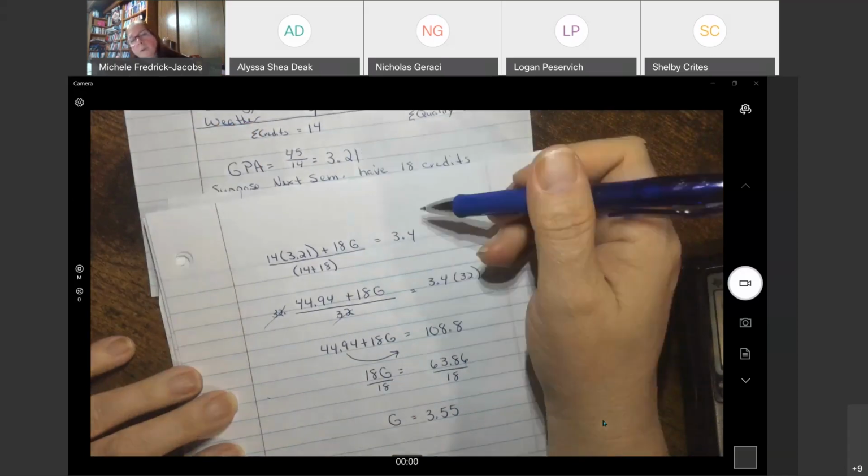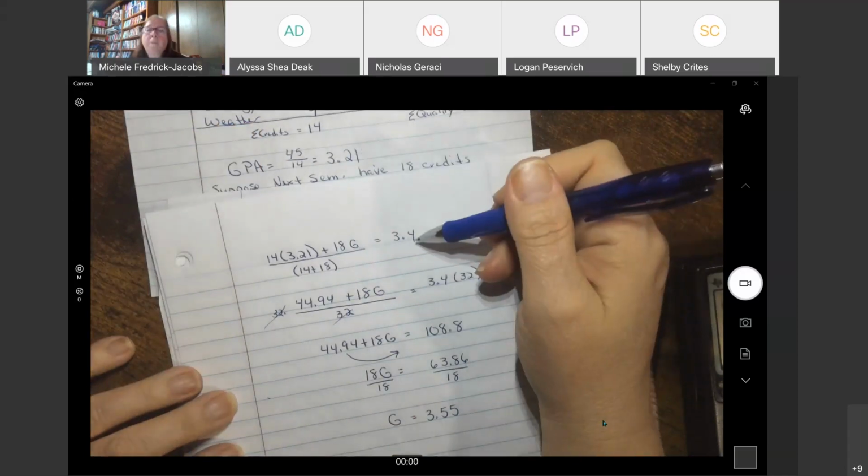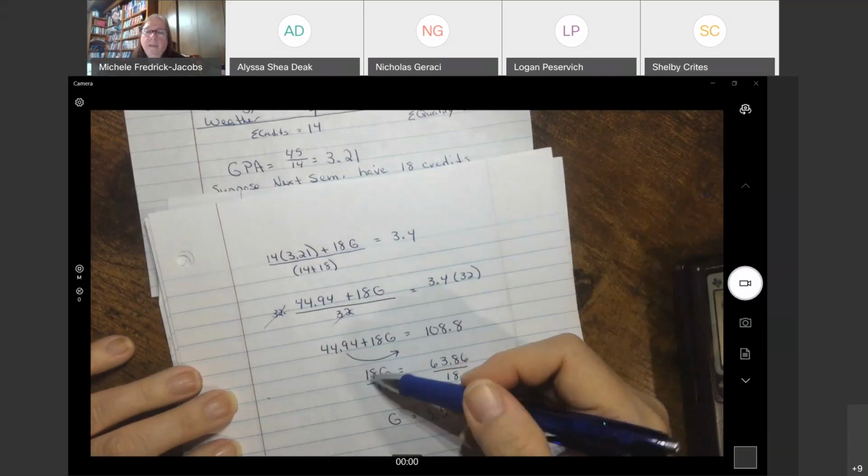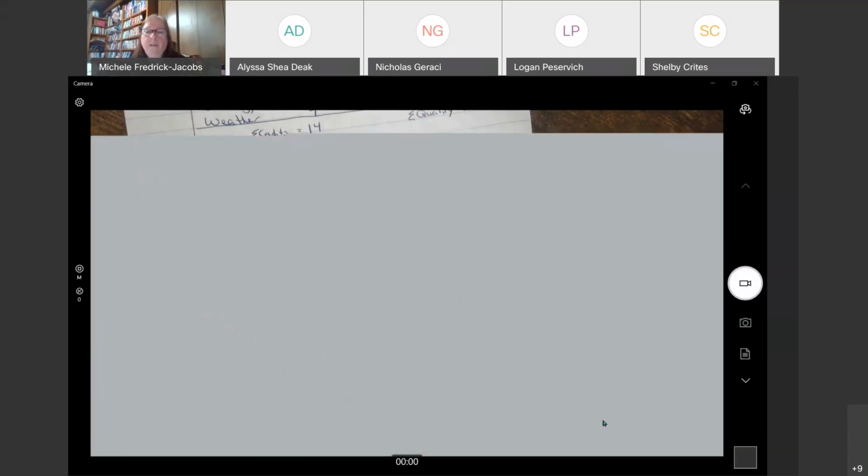In order to go up to a 3.4, these 18 credits, we need a grade point average of 3.55.